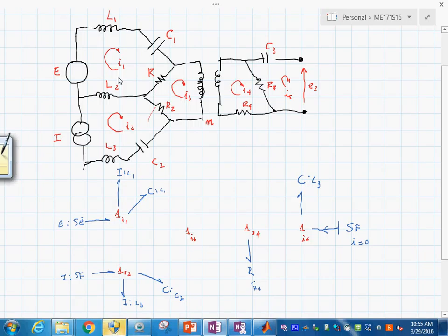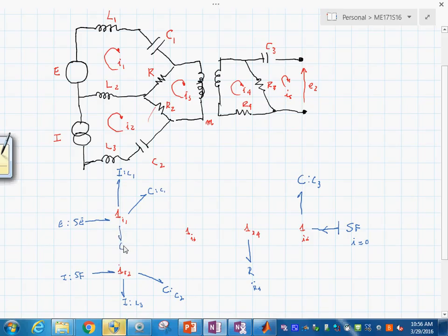This element over here sees the difference between this and this one. So you say I1 minus I sub 2 is done like this. And then this would be I1 minus I sub 2.